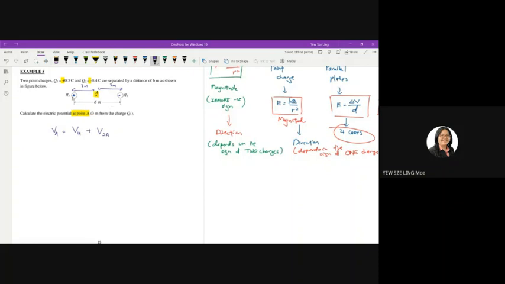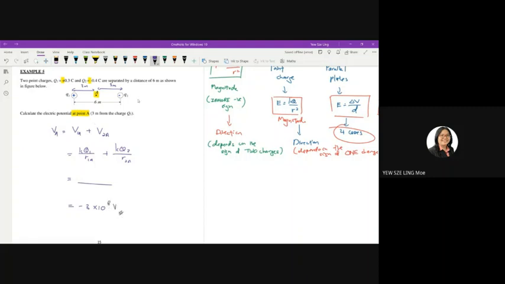You need to take into consideration the potential from both of them. So it equals kQ1 over R1A plus kQ2 over R2A. You plug in the values and eventually you will get negative 3 times 10 to the power of 8 volts. So this is the final answer.